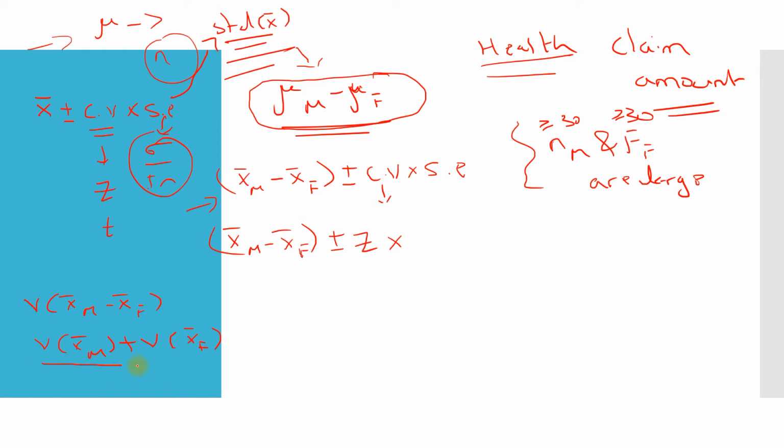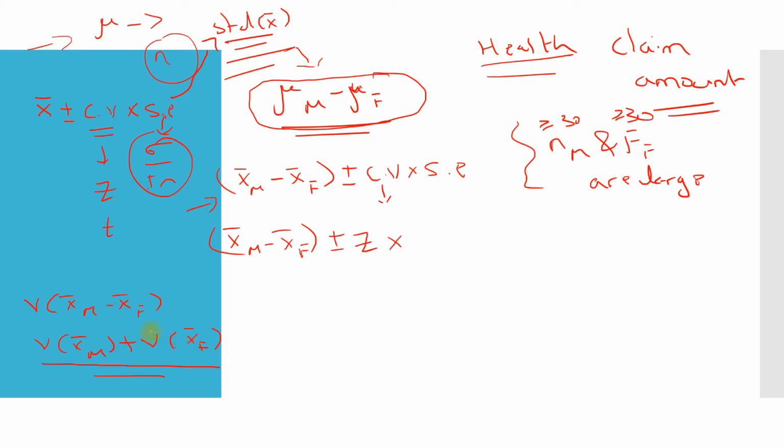This formula only applies if your two samples are independent. Otherwise, it is wrong. Why? Because normally you have another term that we call the covariance. For example, here you would have to subtract twice the covariance of x bar m and x bar f. The covariance is a term that we discussed when we studied correlation.